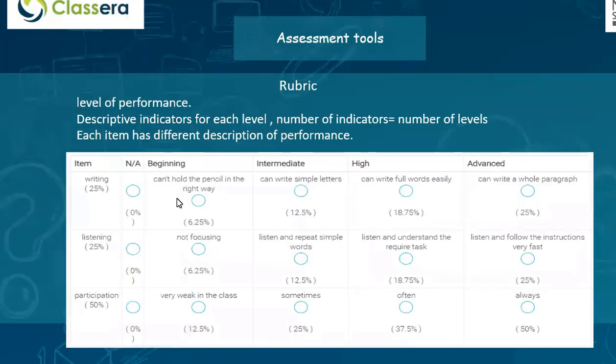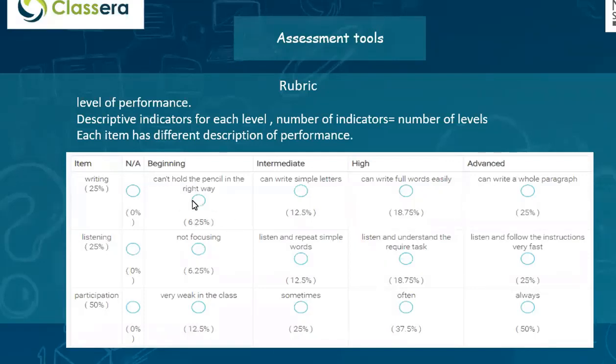What about the weight of each level? Where does this number come from? Here I have 25 and I have 4 levels: 1, 2, 3, 4.